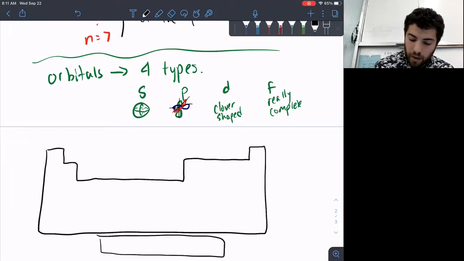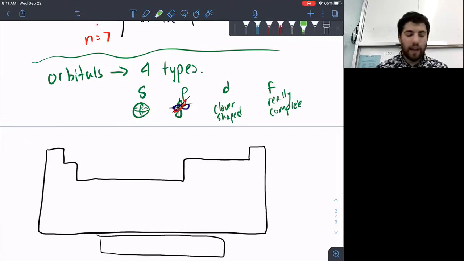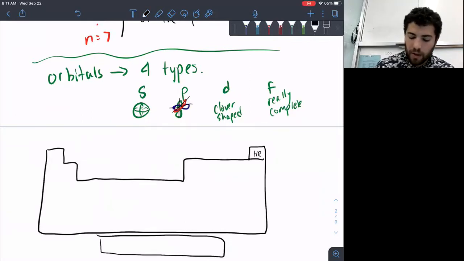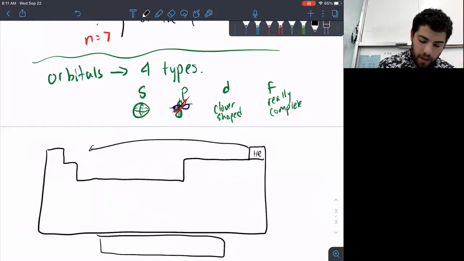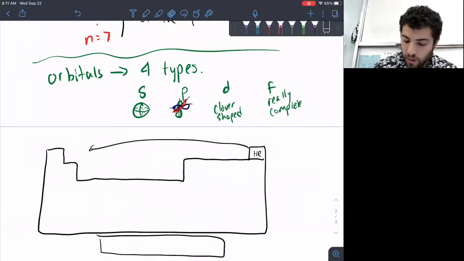So if we look at the periodic table, we can kind of reclassify it. First off, when we're talking about orbitals, helium is normally over here, but we're going to drag that bad boy right over there. So I'm just going to do a little cut and pasting. And then let me just reconnect that.